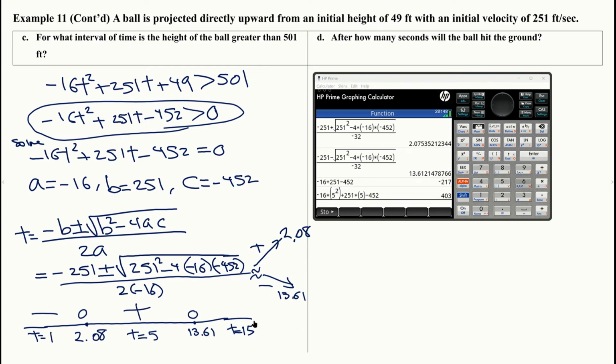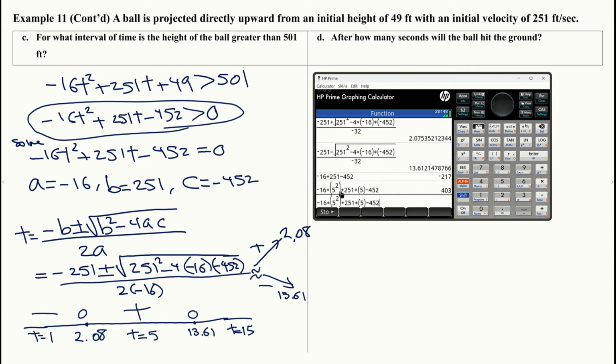And now I'm going to plug in 15. So I'm actually going to copy that, and I'm just going to change every 5 to 15. Now you may wonder why this 2 isn't outside the parentheses.